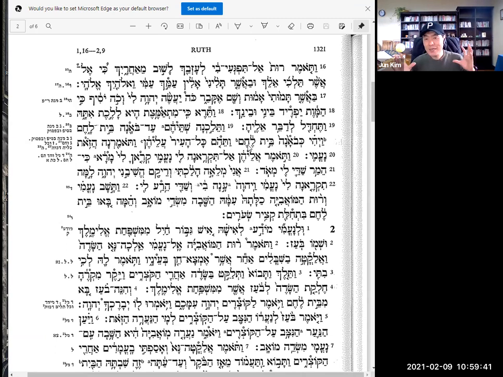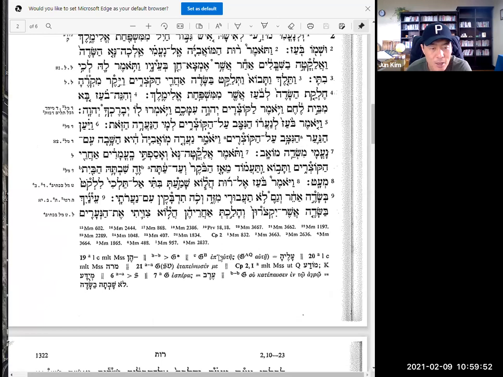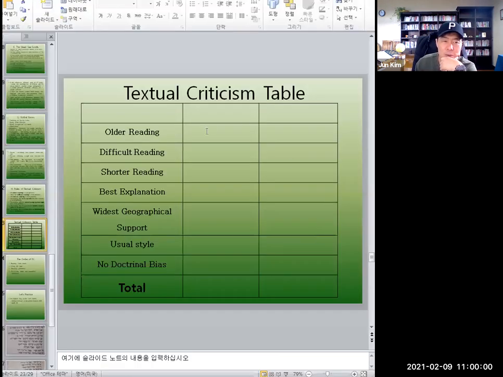So can you see? It's just a repetition. So the Septuagint is omitting this entire part. Then let's go for our analysis, starting with the earlier reading, maybe the Septuagint.